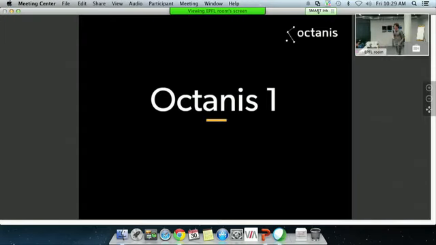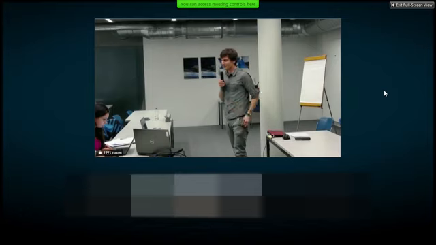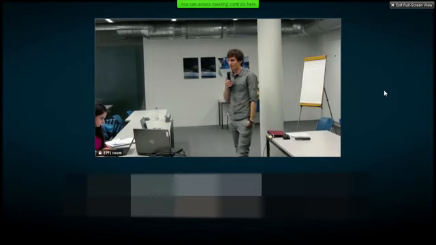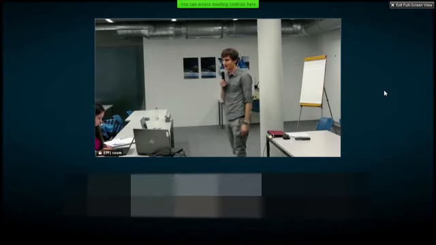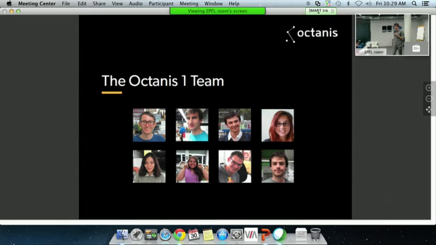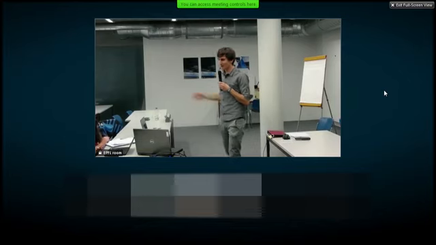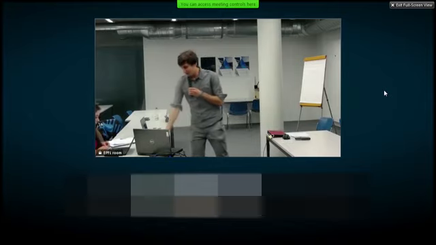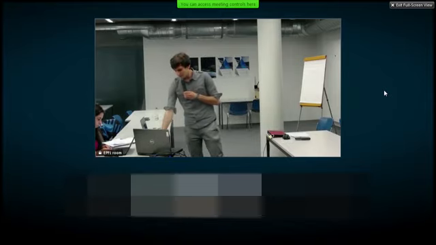The first project that emerged out of this procedure is Octanus 1. That's what I'm going to talk about today. Maybe quickly about the team. The rule 7 +-1 +-2 applies here as well. We're 8 members right now working on that rover from different fields: engineering, physics, life science as well.